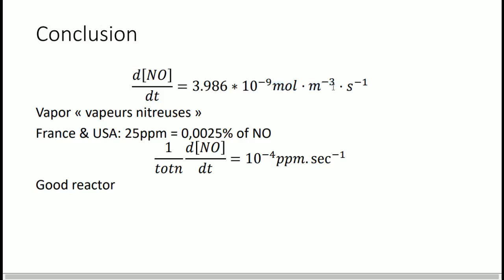So it's not very rigorous, because if you add quantity into the air, obviously it increases the total amount, but we'll suppose that the quantity of air is so big compared to the production of NO that it doesn't matter. We don't consider that the total number of moles will increase. So when we divide by the total concentration, we get 10 to the power minus 4 ppm per second.